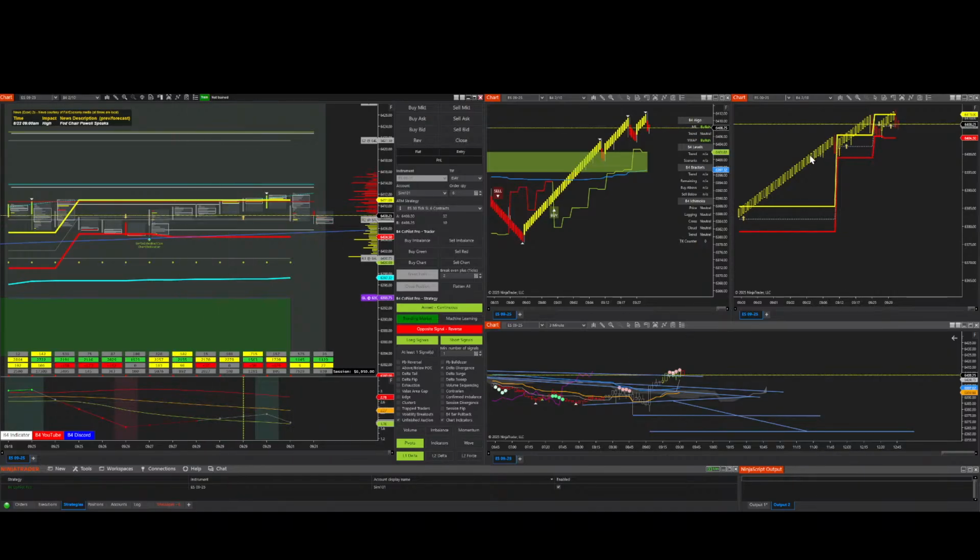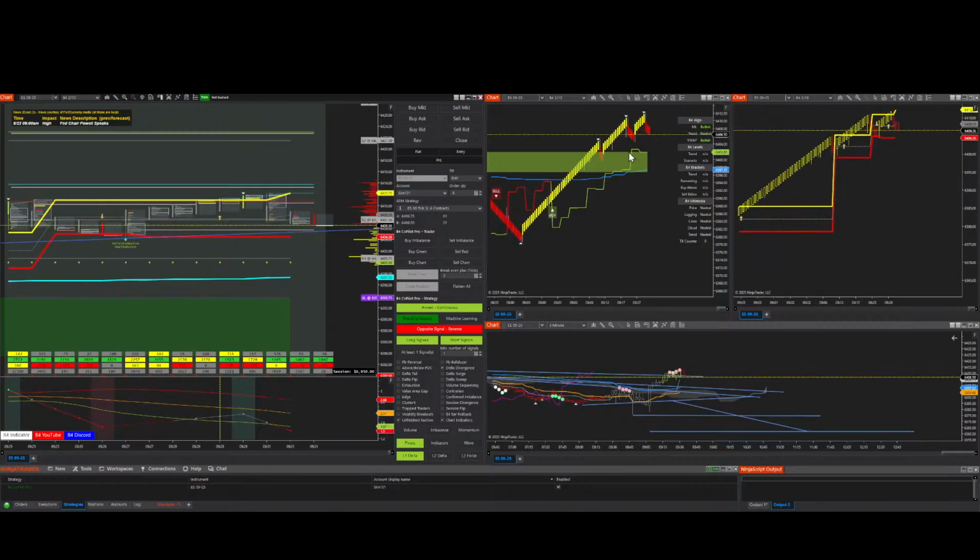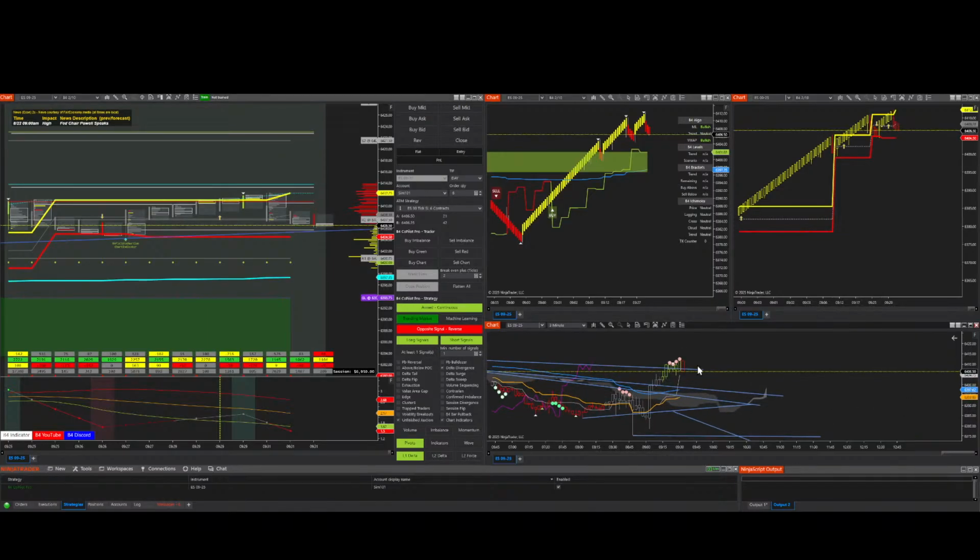Now notice here, if we're looking at price, we started slowing down. The bulls are wearing out. We haven't come back and touched the Kijun-sen yet.